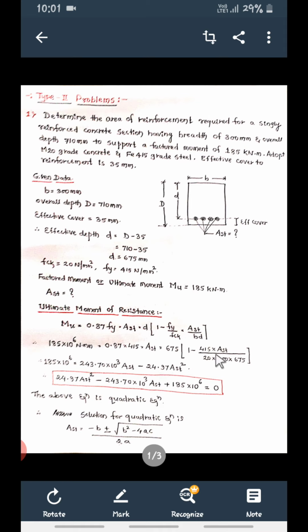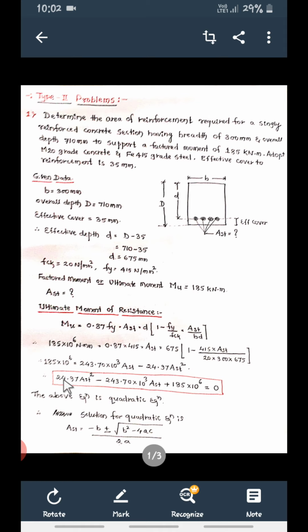Rearrange the terms: I will take this term to this side, so it becomes plus 24.97 AST square minus 243.70 into 10 to the power of 3 AST plus 185 into 10 to the power of 6 is equal to 0.